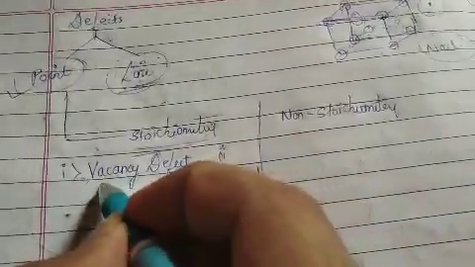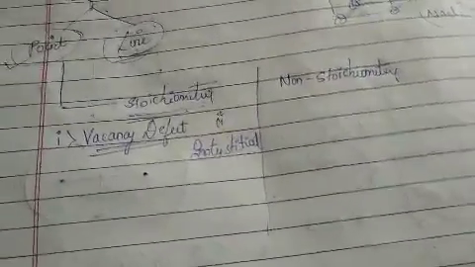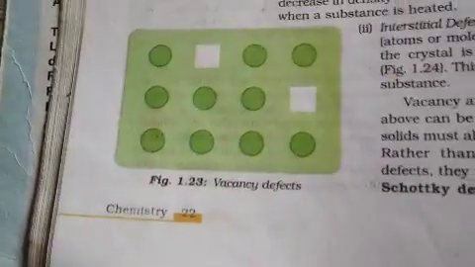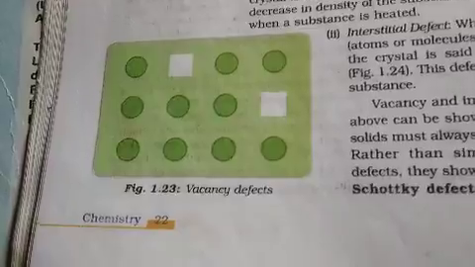In order to explain vacancy defect, let me first show you how a vacancy defect would look. If you look at your textbook, they have given this diagram as an example of a vacancy defect. I mainly use it because it has a color representation, so it will be easy to notice.